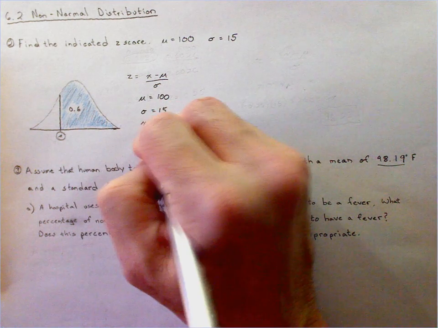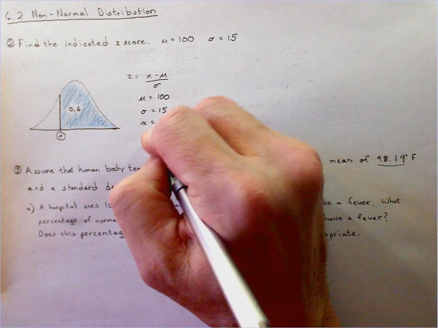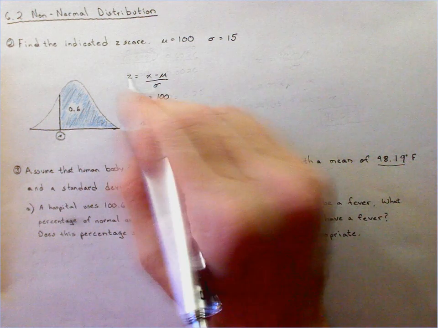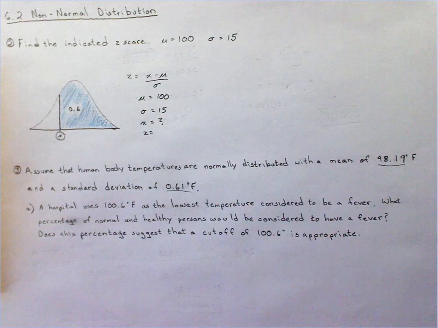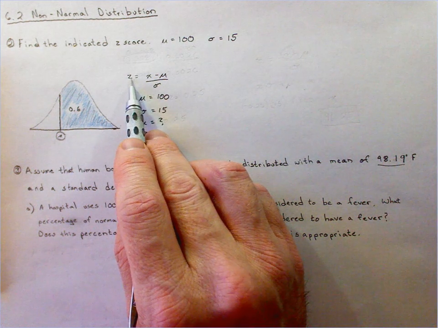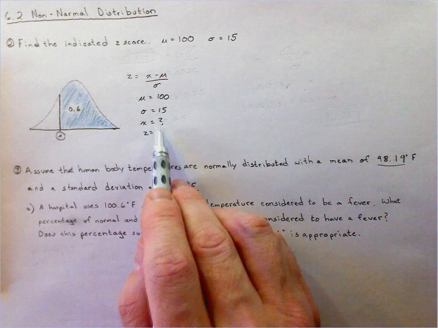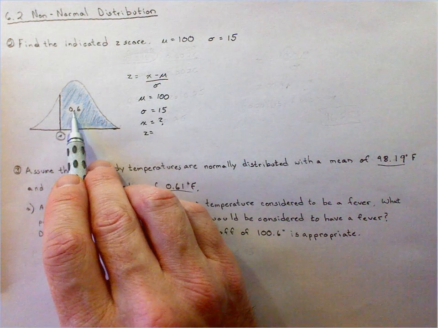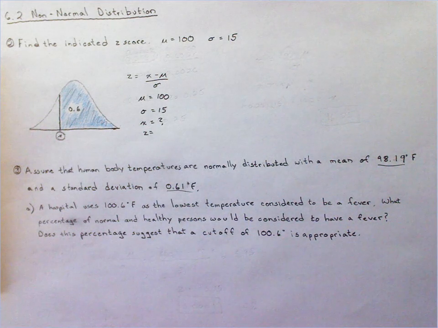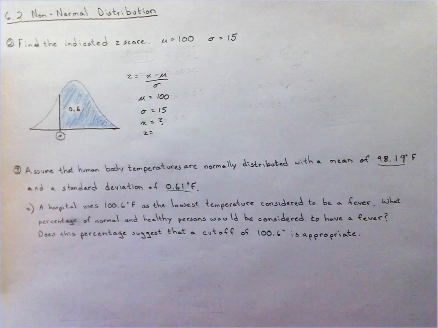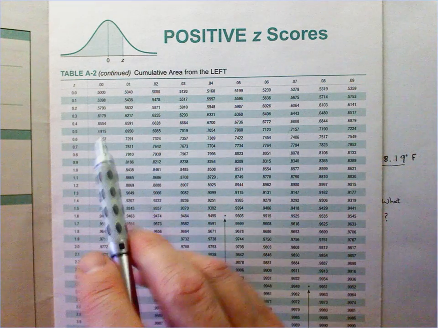I'm not going to be able to find that directly, but I can find a z-score, and then I can rearrange my formula and solve for x. With this problem I'm going to use my table A2 and look up 0.6 in my probabilities. That's going to be a positive z-score.